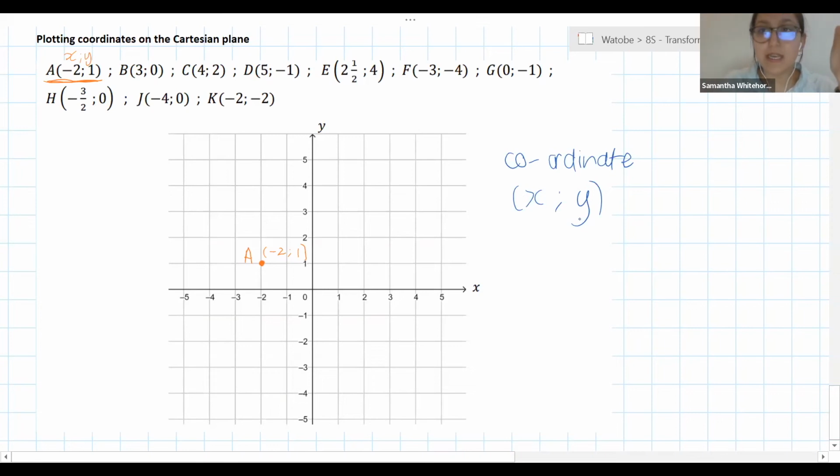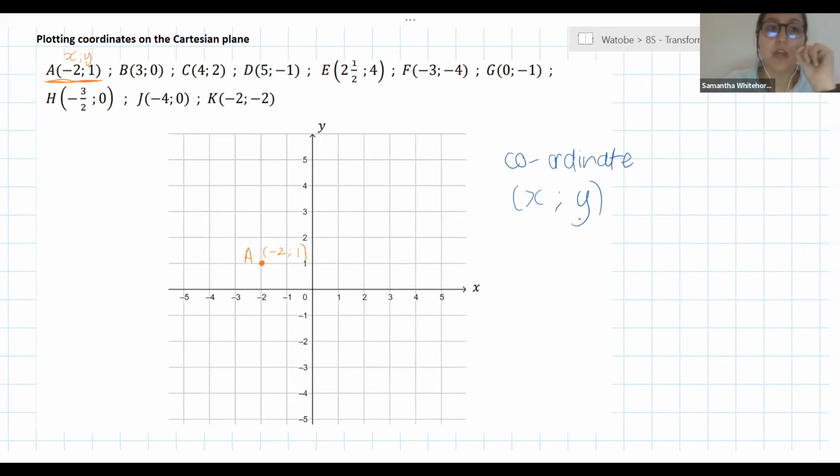It's always the X number first, and then the Y number in the brackets. That's why I knew that x was -2, because it was the first number in the bracket. If we start swapping them, I'm going to plot a different point entirely. So in order to plot it, x first and then y.